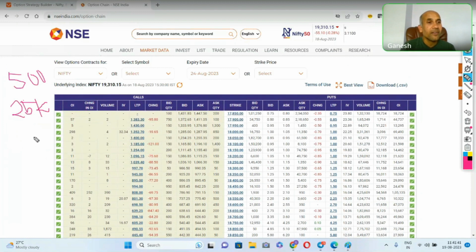So 50x, the seller is paying. When the seller is paying 50 times, he is putting that much margin, which means he thinks he has the highest probability to win the game.